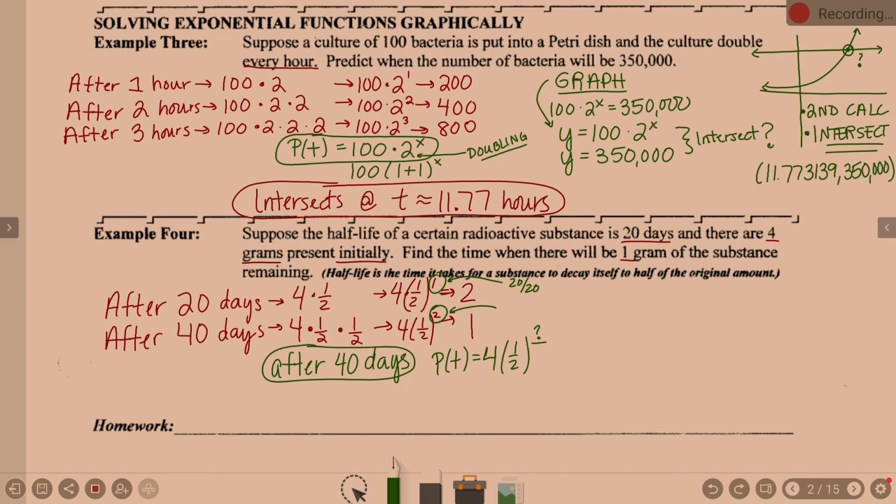This one was because it was 40 days in a 20-day half-life. Are you seeing where I'm going with this? So the exponent is not 20, it's T over 20.